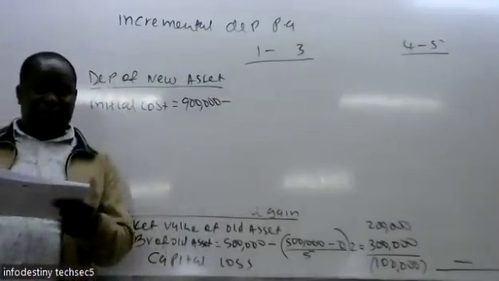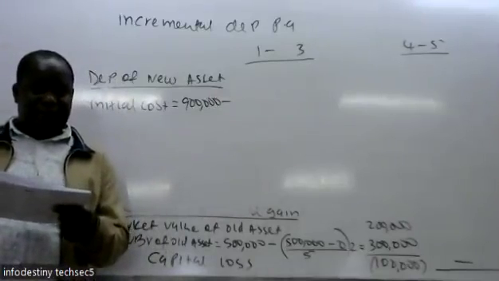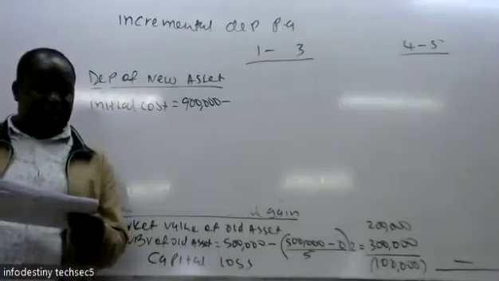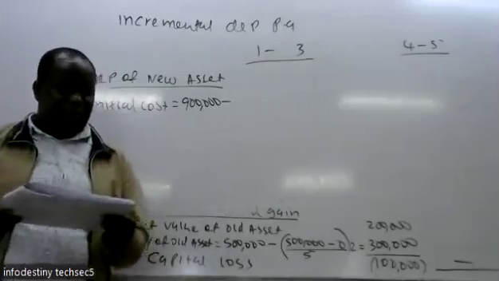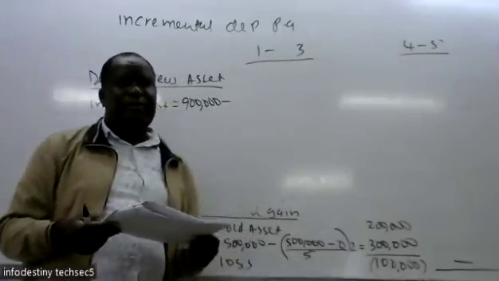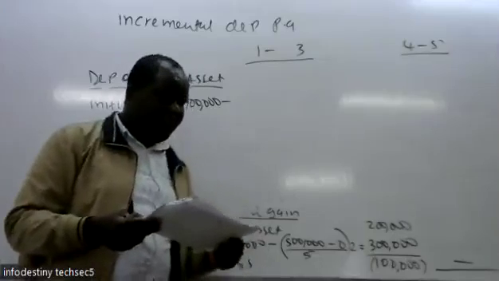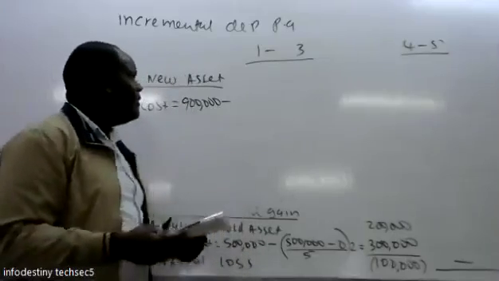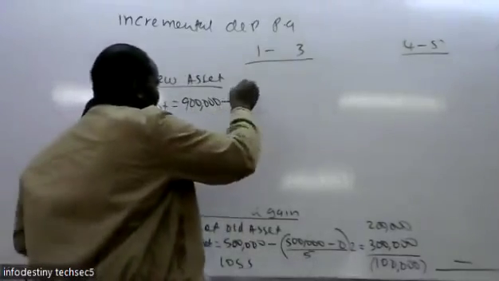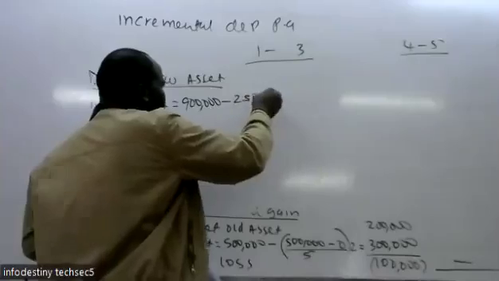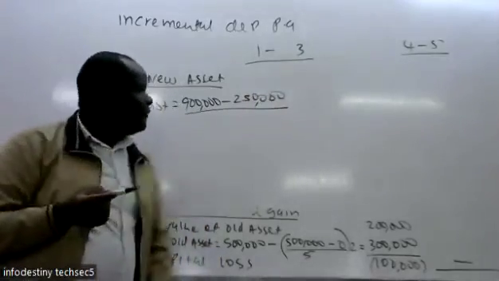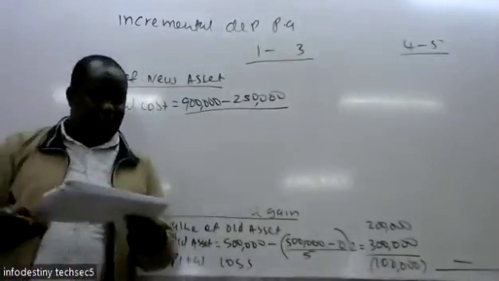Then we are supposed to less the salvage value. They had said in the last paragraph that at the end of the 5 years, the new machine will be sold for how much? 250,000. You have seen it in the last paragraph.